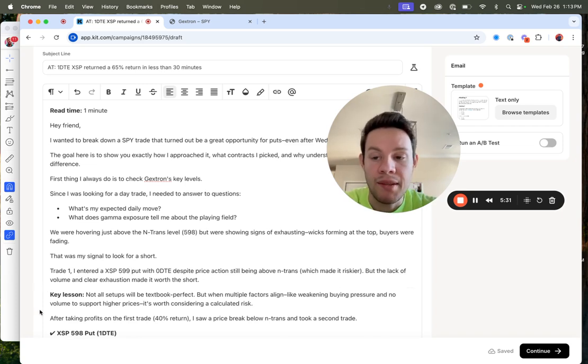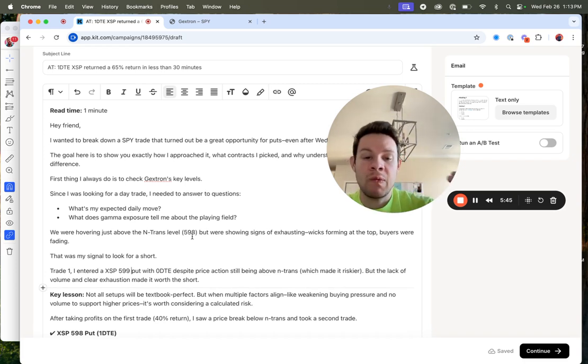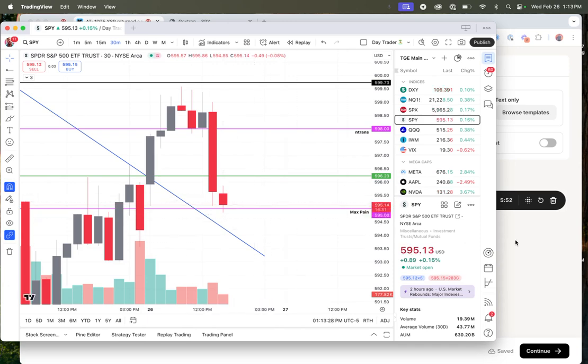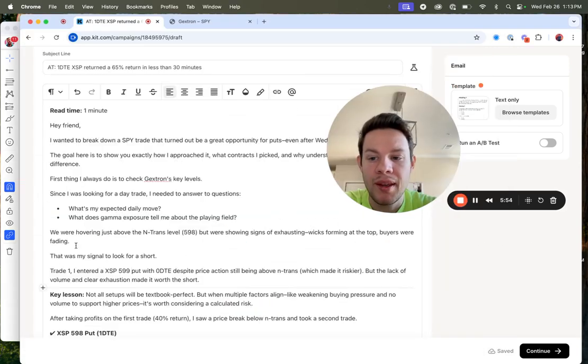Buyers were slowing down, and we were not too far away from the entrance level. So I figured we could take a shot at the entrance level as the price target, or as the strike, and if we can go lower, that would be great because then we can hit max pain, maybe.